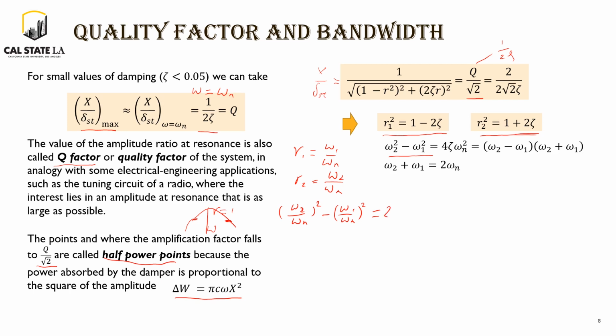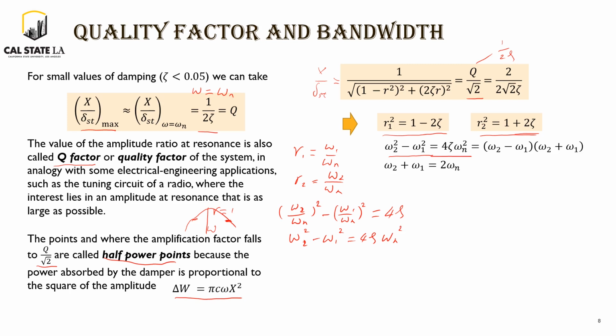That will give us 4 zeta. Multiplying omega n squared on both sides gives omega 2 squared minus omega 1 squared equal to 4 zeta times omega n squared, right? So this is how we get the first equation.